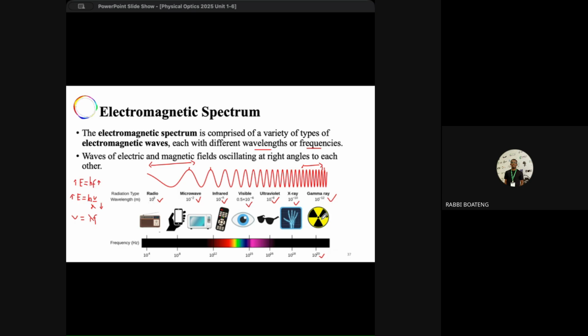High energy, we get lower wavelength, and we say shorter wavelength. So high energy, high frequency for gamma rays, but shorter wavelength for gamma rays.